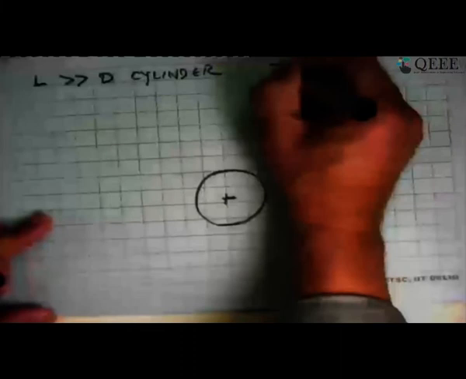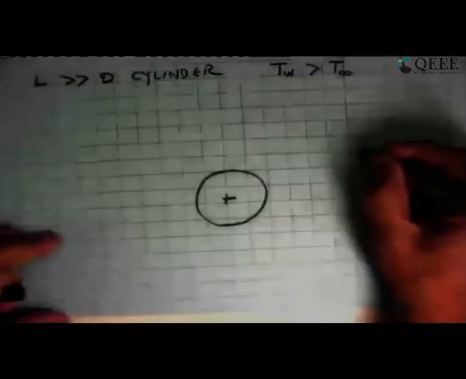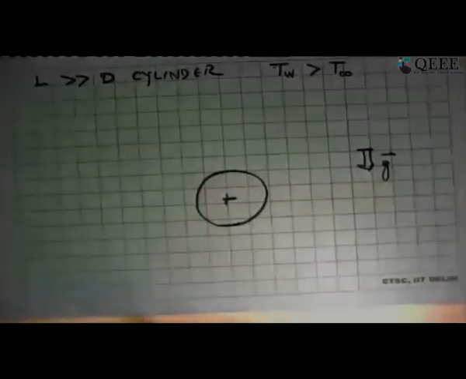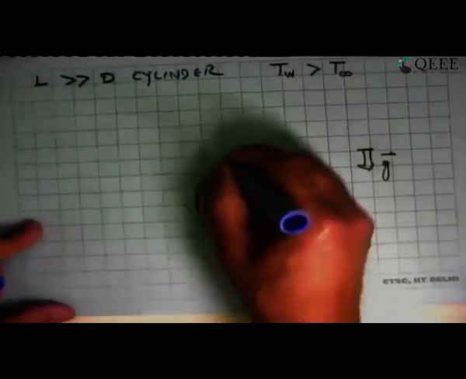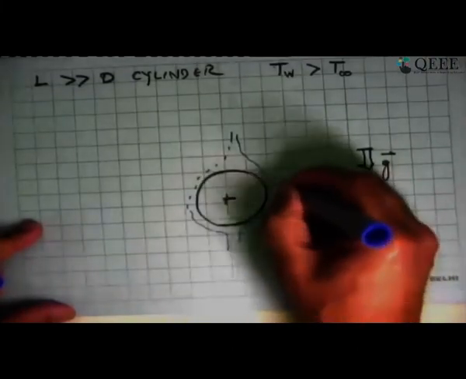And let's take the case TW is very much greater than T infinity. So what is going to happen is that because the fluid around this is going to get hot and you have gravity acting there, it will establish a flow so that fluid comes here like this and then it will rise. And it will also take in more fluid from here and make it rise.